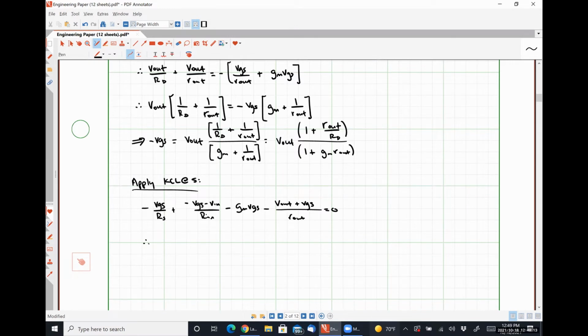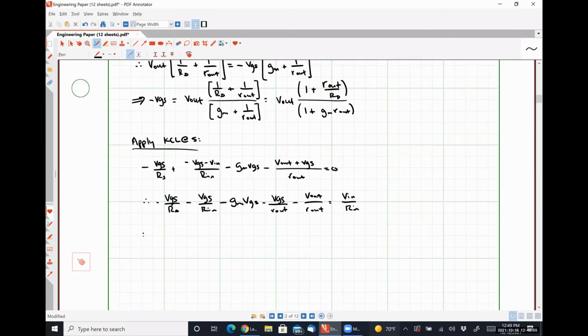And that's going to be negative VGS over RS minus VGS over RN minus GM VGS minus VGS over Rout minus Vout over Rout is equal to VN over RN, factoring out my common term of negative VGS.